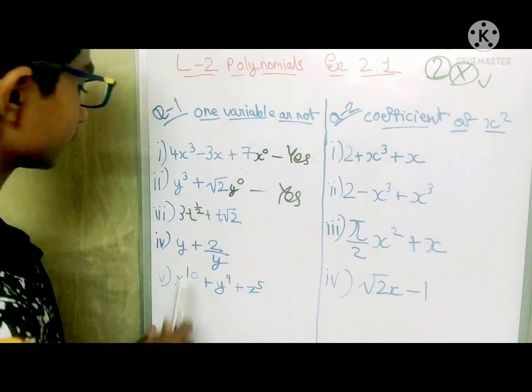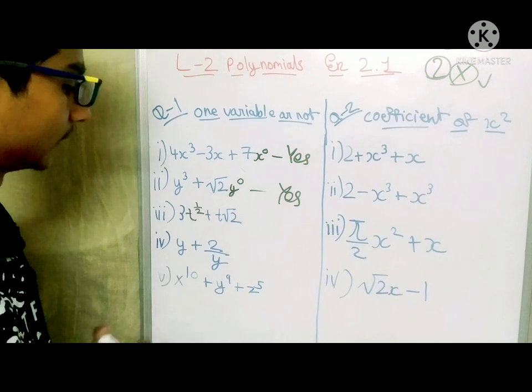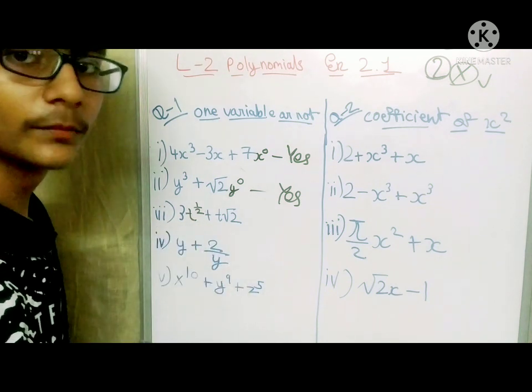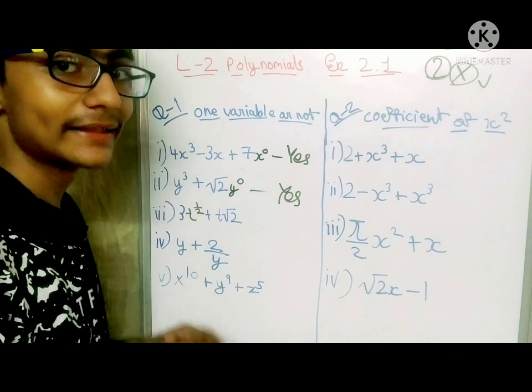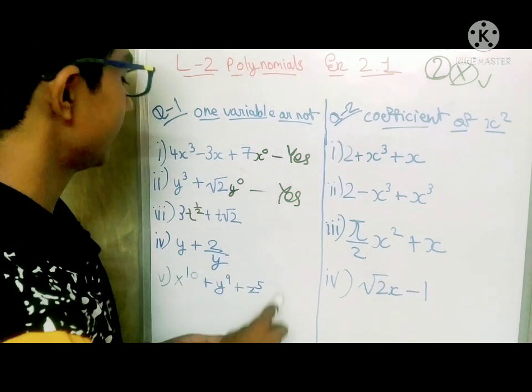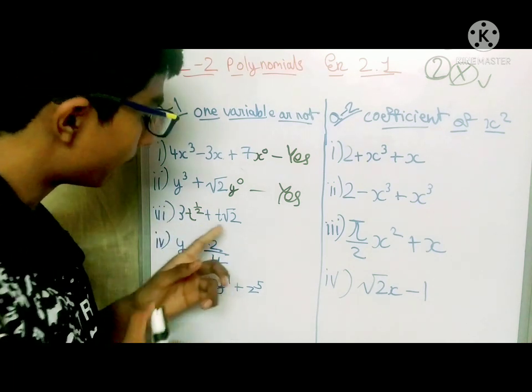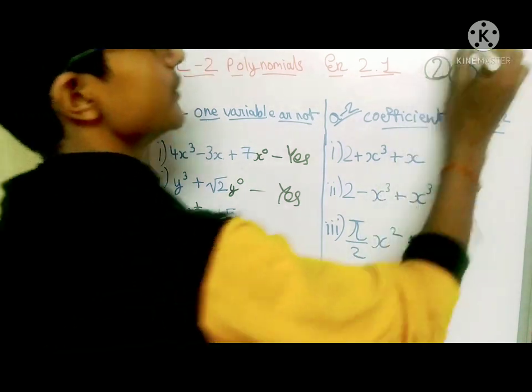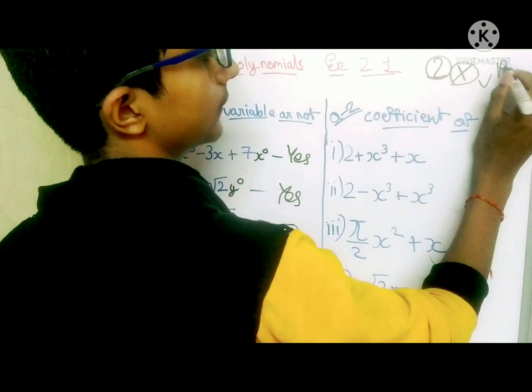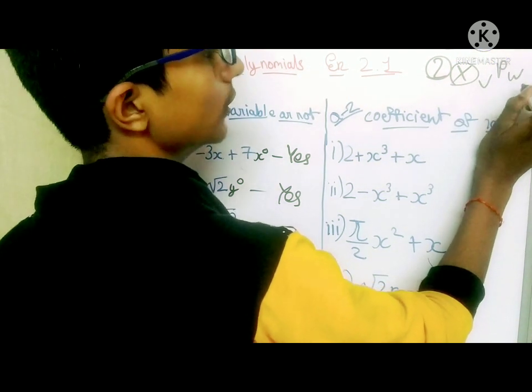So now t and t are there, but is this a polynomial? Remember what I told, what is a polynomial?